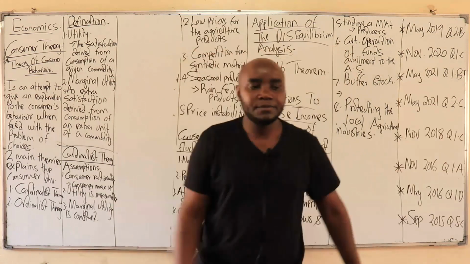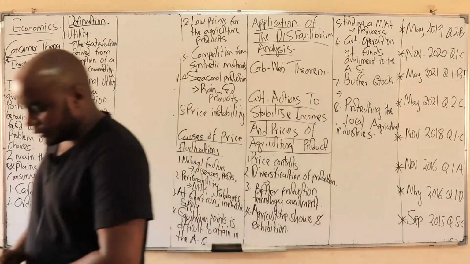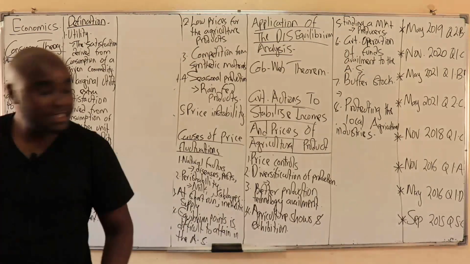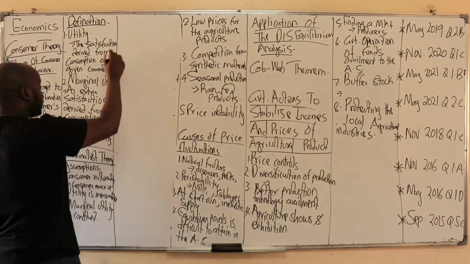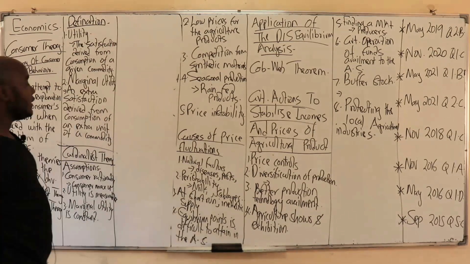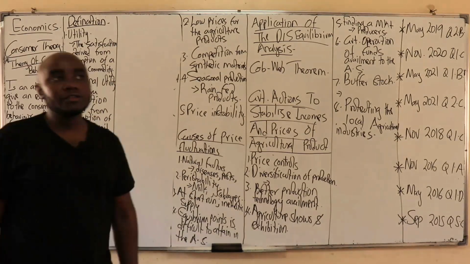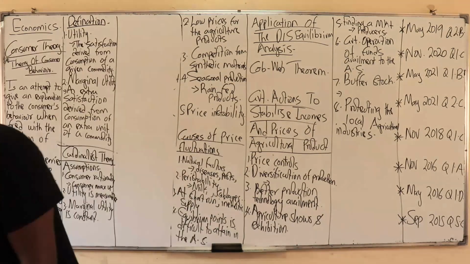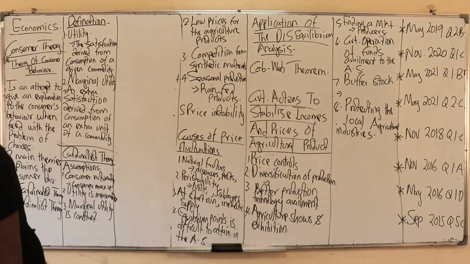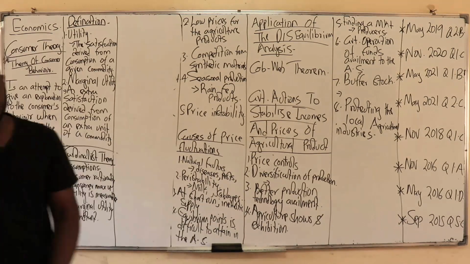That's how. Yes. So, what is the cardinalist utility approach? It is also referred to as the Marshallian approach to utility.